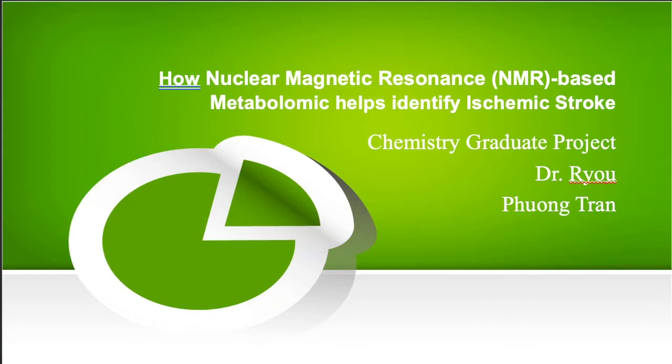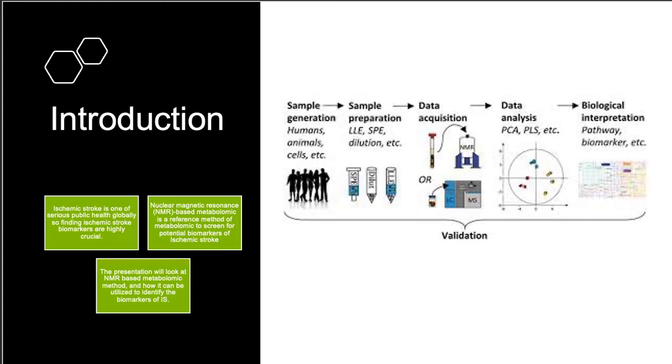My name is Phương Trân, and today I'm presenting how nuclear magnetic resonance based metabolomics helps to identify ischemic stroke. As we know, ischemic stroke is a serious public health problem globally, so finding the biomarkers for ischemic stroke is very crucial and important.